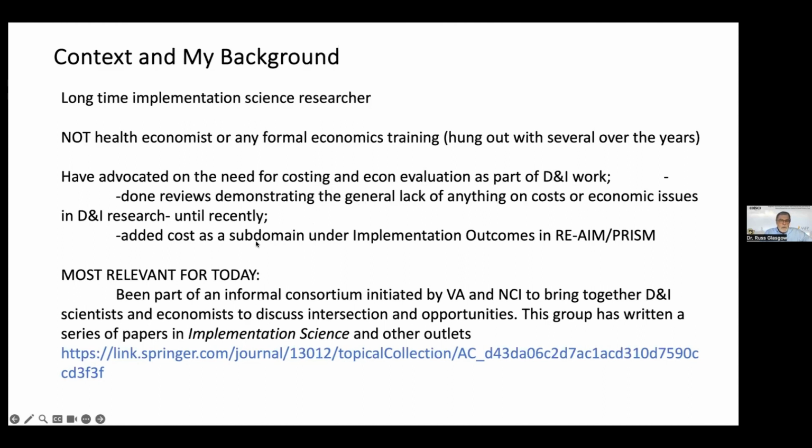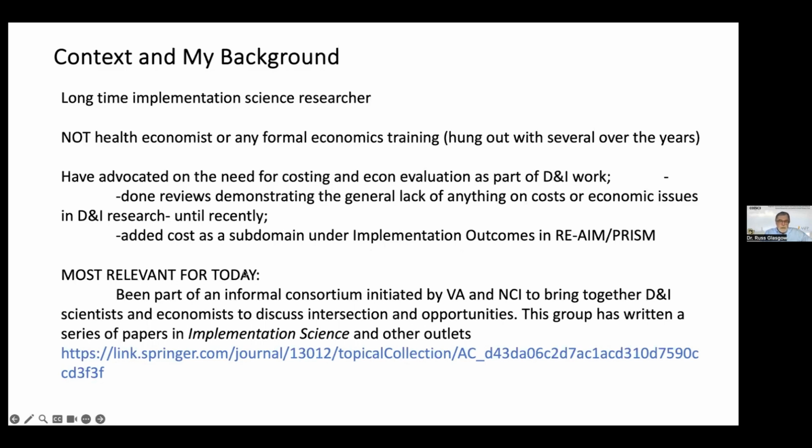And Carol noted that cost is one of the key things in the Proctor model of implementation outcomes. It's also under our RE-AIM method, and I'd be glad to talk about this later if others would like to, that we've explicitly added it under the category of implementation outcomes.